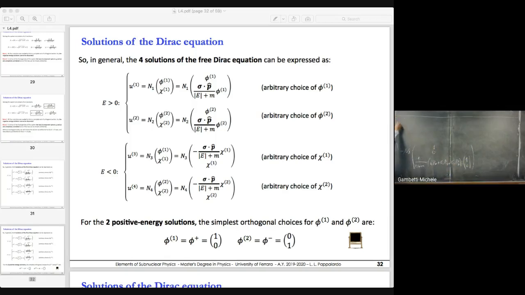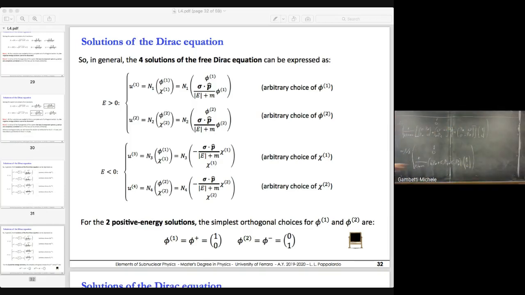So this is N1 that multiplies (1, 0), and now 1 over E plus M that multiplies the matrix (0, Px; Px, 0), plus (0, minus i Py; i Py, 0), plus (Pz, 0; 0, minus Pz), acting on (1, 0), that's it.